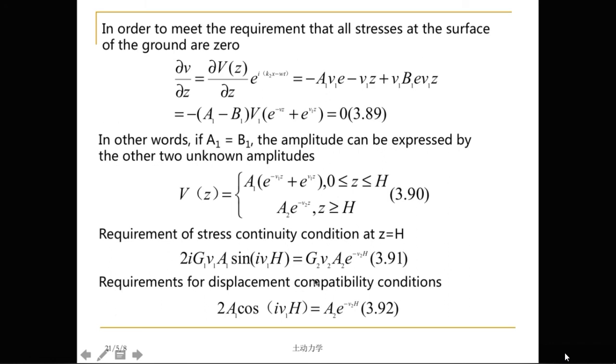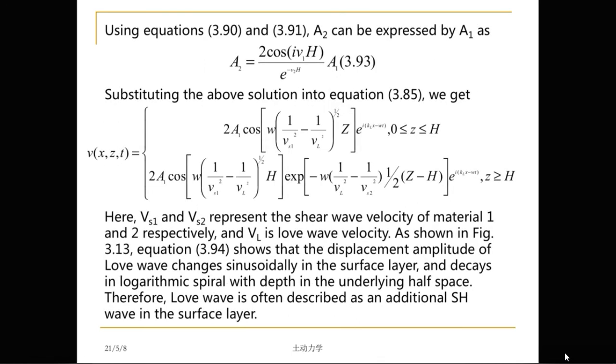The requirement for displacement compatibility conditions is equation 3.92: 2 times A1 cosine(i V1 H) equal to A2 e to the power negative V2 H. Using equations 3.90 and 3.91, A2 can be expressed by A1 as A2 equal to 2 cosine(i V1 H) over e to the power negative V2 H times A1.